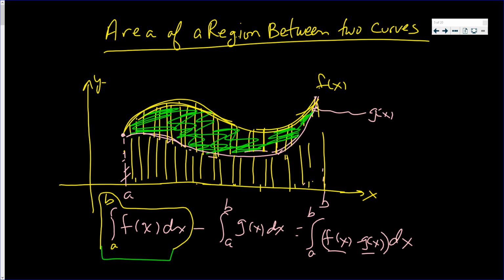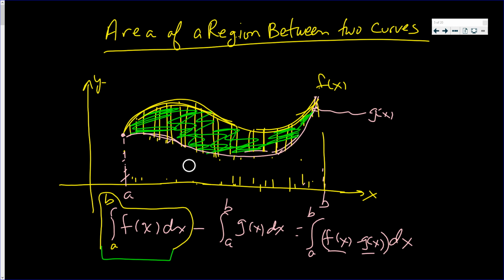So that means I want to take away this area. But you know what that area is? Just look at how I'm erasing it. It's everything below the purple curve. Well, if I knew the area of the purple curve, I can just take it away. But I do know it. It's the integral from A to B of g of x dx.